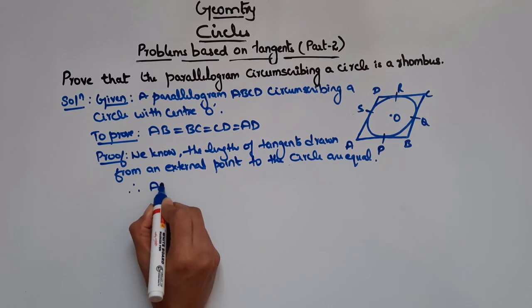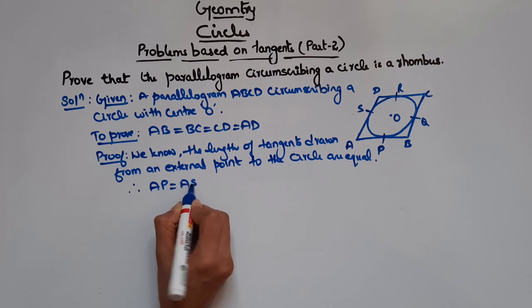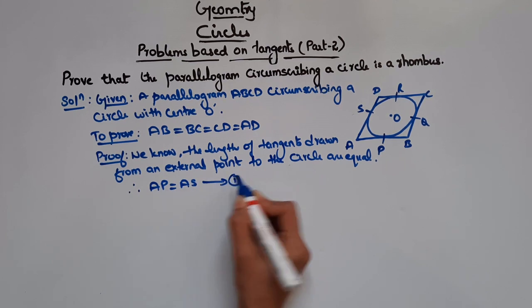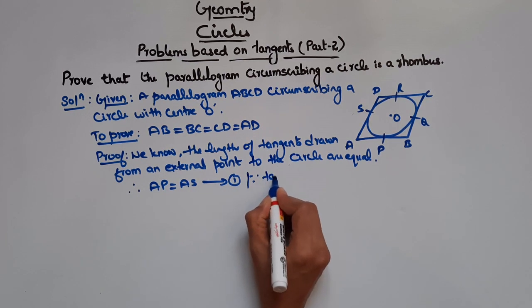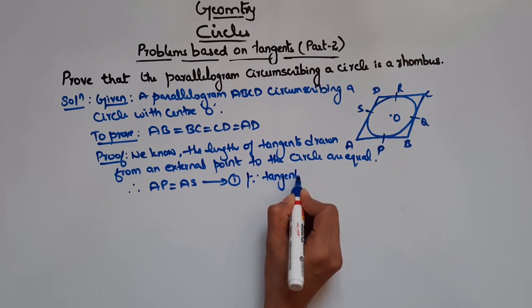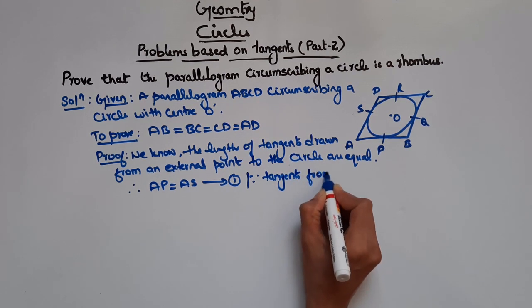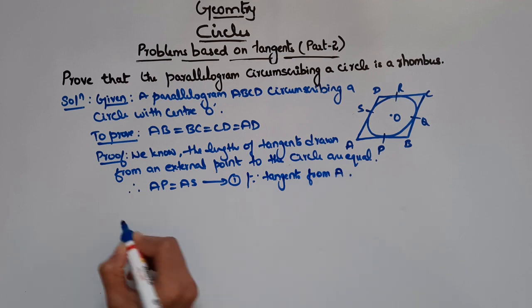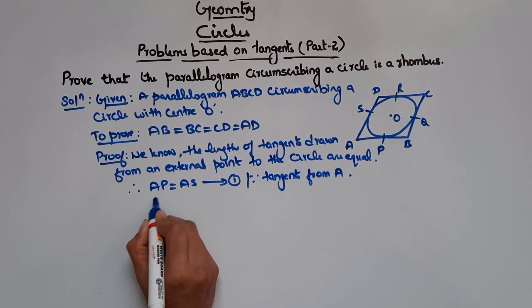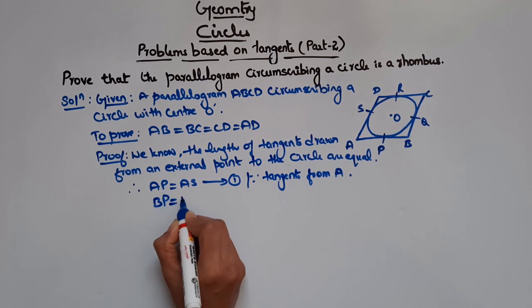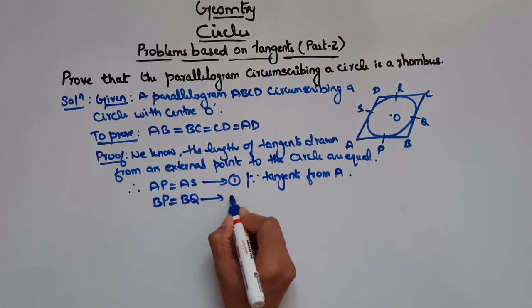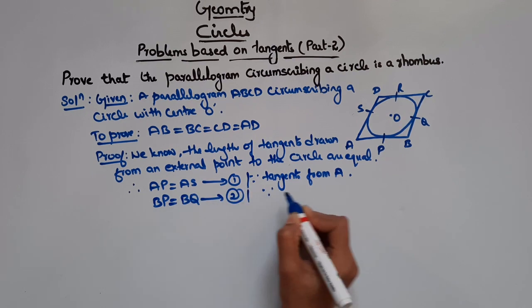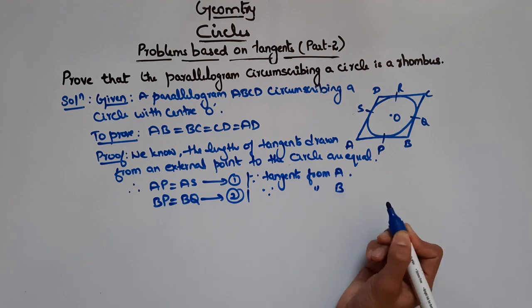Therefore we can say AP is equal to AS. Let's take this as equation 1, since tangents from point A. Similarly we have BP is equal to BQ. Let's take this as equation 2. Here tangents from point B.